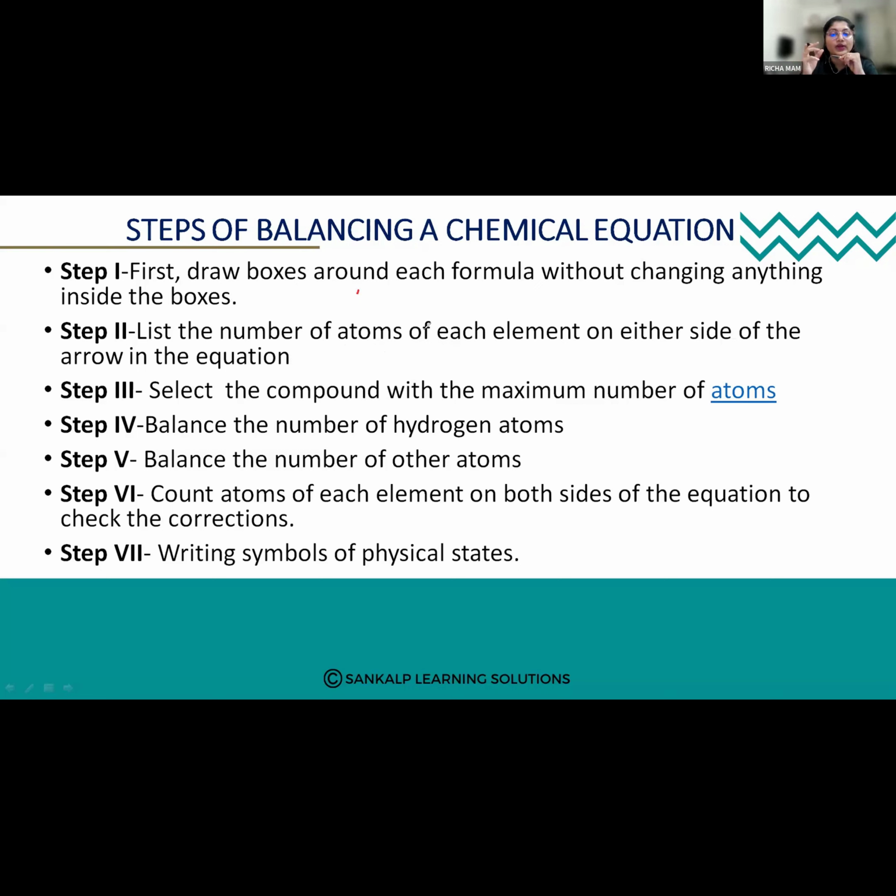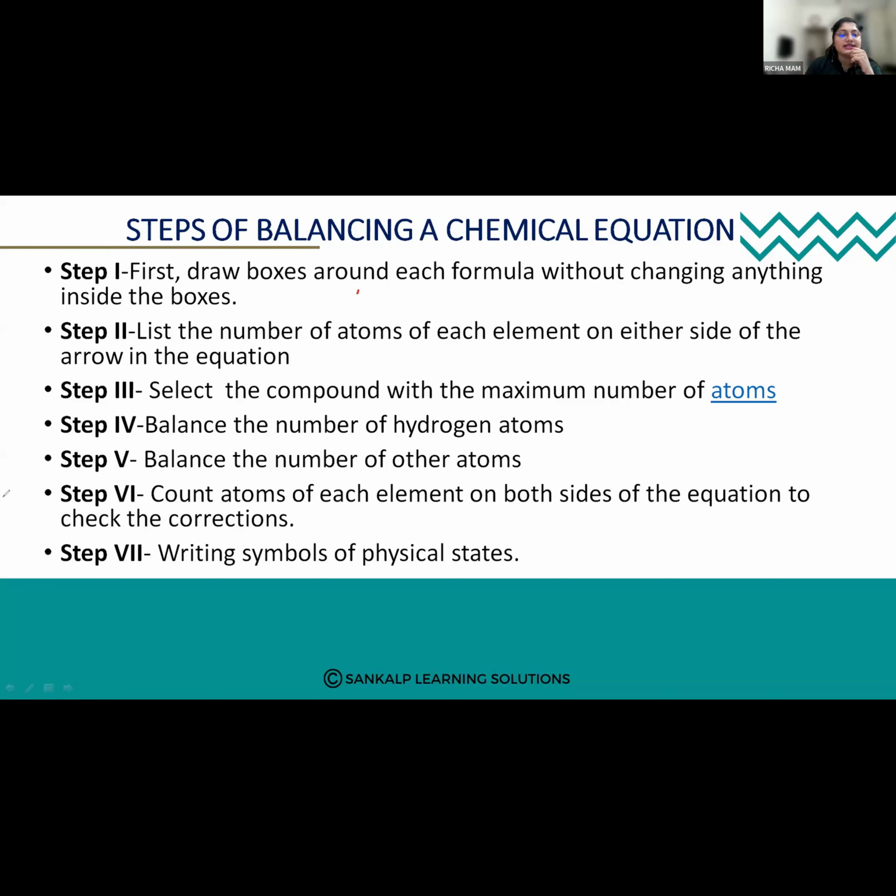Then what is the next step? Next we have to see the number of hydrogen atoms, to calculate the hydrogen atoms. Then next, we have to balance the other atoms. Then lastly, we have to check that each element on both sides of the equation has the same number, that they are equal.